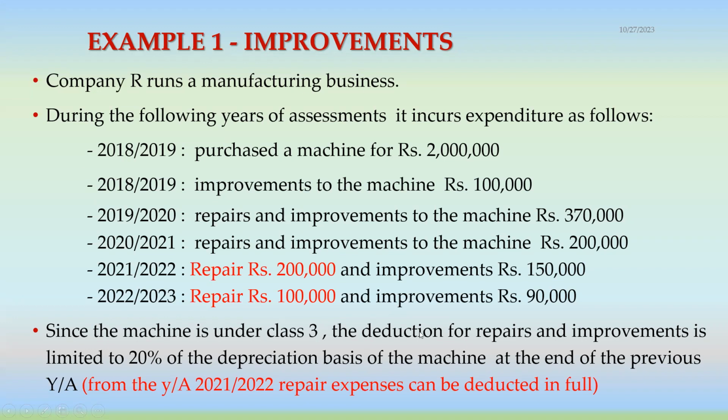Therefore, this rule is for an asset only purchased after April 1st, 2018. Assets purchased prior to this period are not entitled to the application of section 14. They have to apply the previous act for the repairs and improvements, previous years for the repairs and improvements of the assets purchased prior to this period.